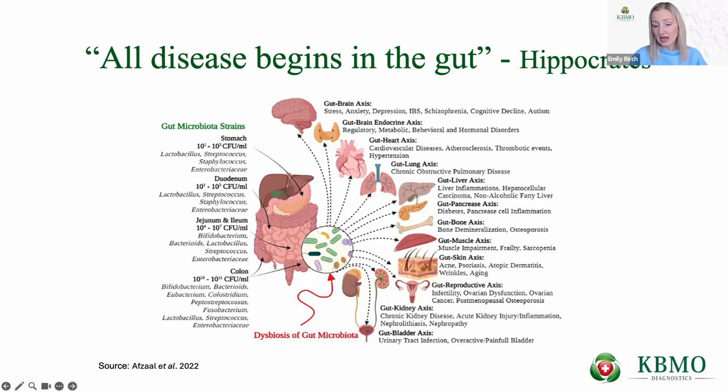You'll see the study that I got it from at the bottom there, and it alludes to the fact that all disease begins in the gut, talking about the health conditions associated with the gut-brain axis, the gut-heart axis, the gut-bone axis, the gut-liver axis, and so on and so forth, and really bringing us back to that place of understanding.